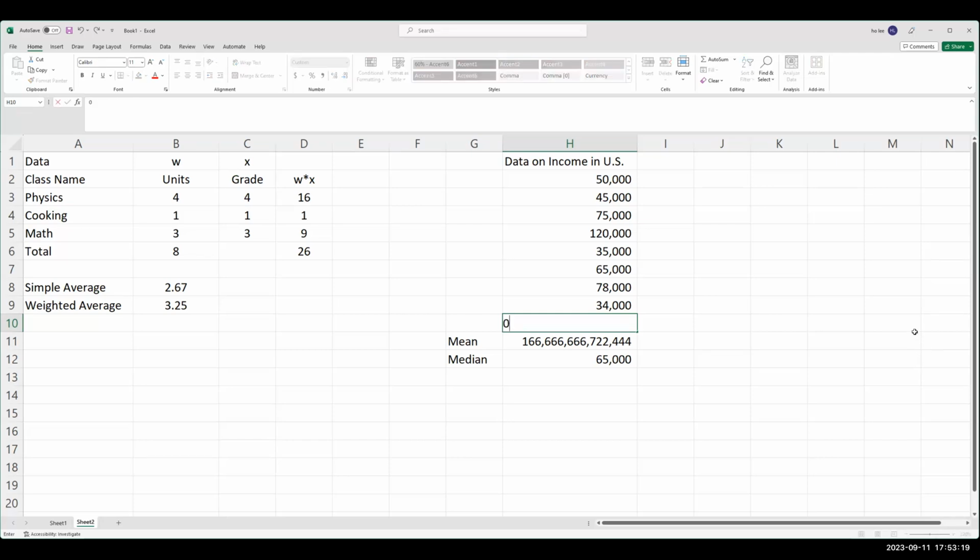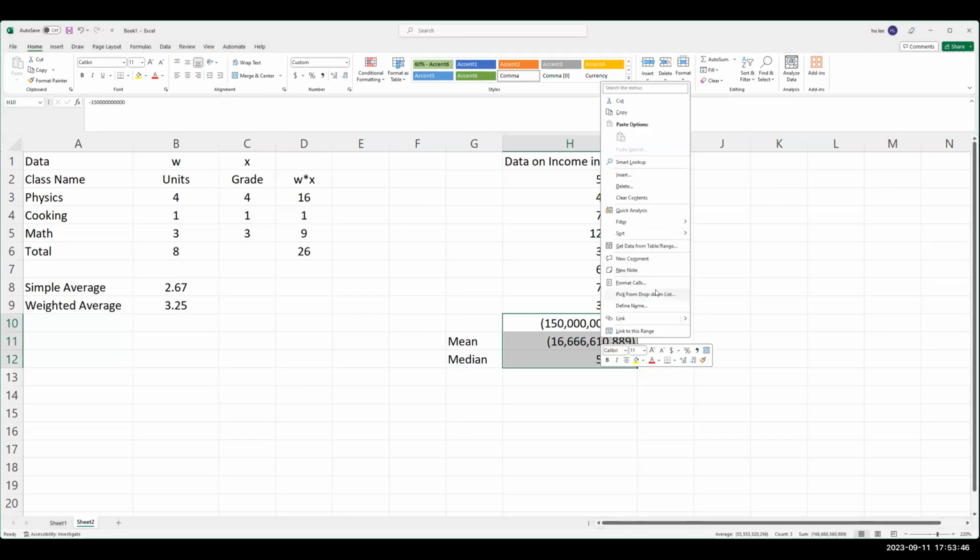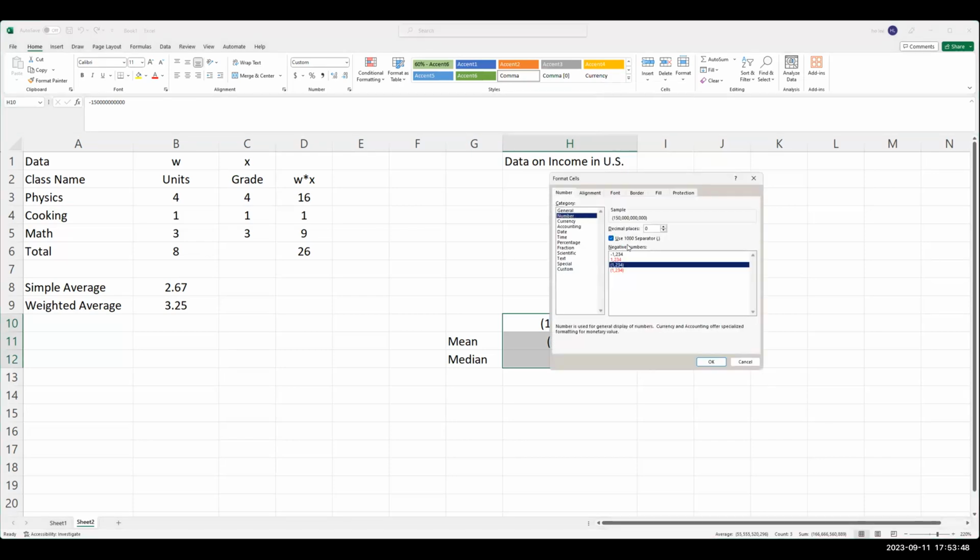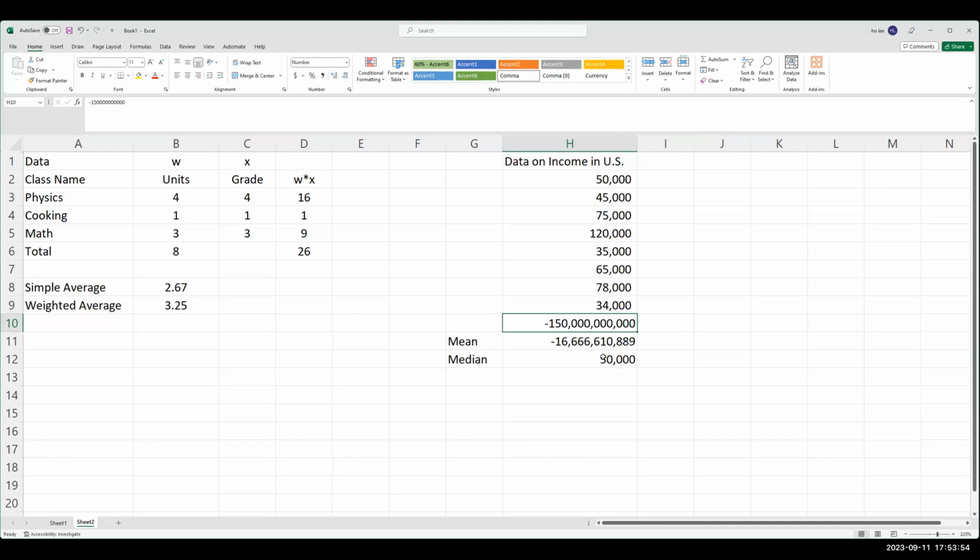If you have something like this, let's say something like that, negative. Let's get that negative. Format, number. We use negative signs. And then the mean is an extremely negative number.